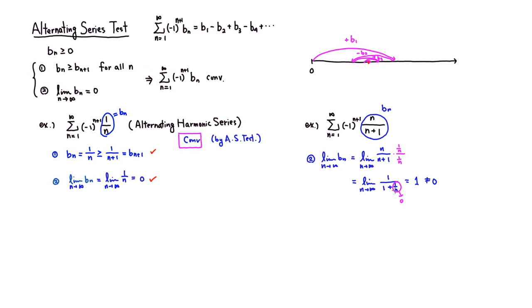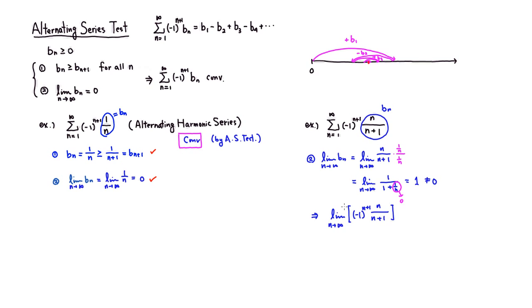But this implies that you can use the divergence test. You take the limit of the whole term, negative 1 to the n plus 1 times n over n plus 1, as n approaches infinity.